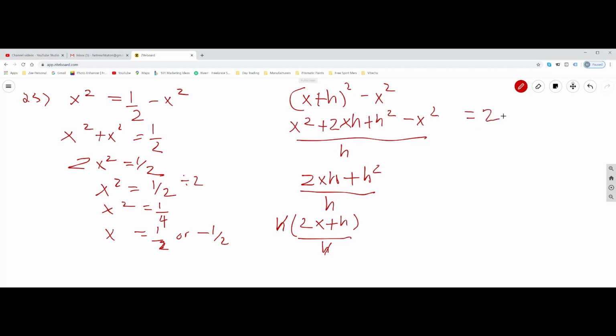The slope is 2x, which is 2 times the value of x.